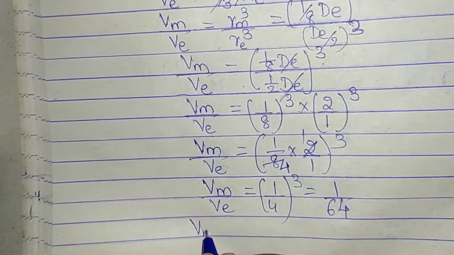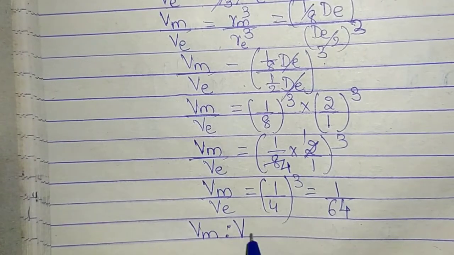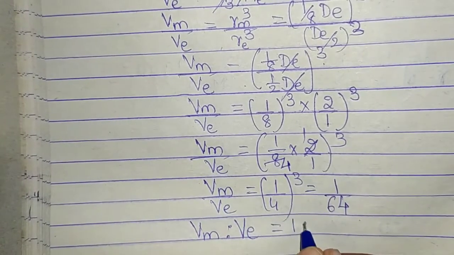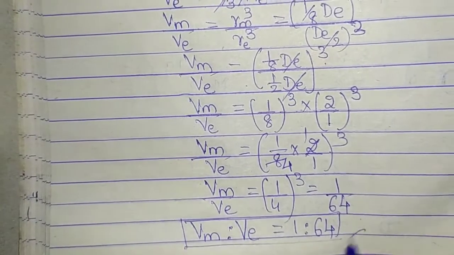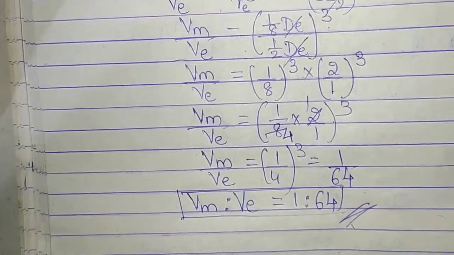So the ratio of volume of moon to volume of earth is 1:64. This is the required ratio.